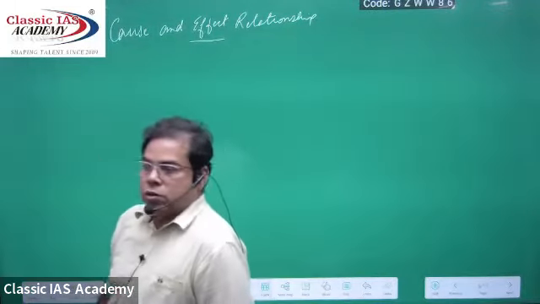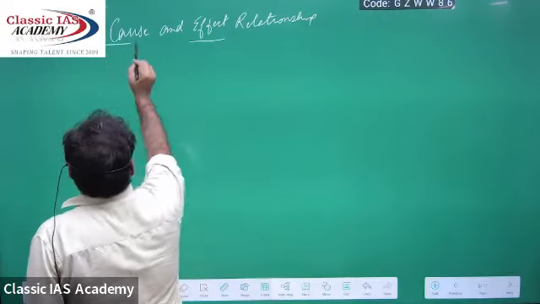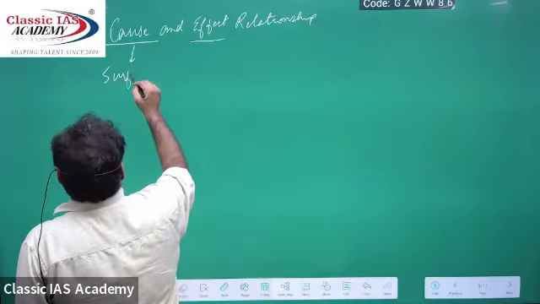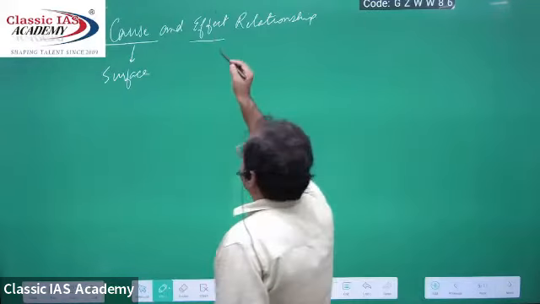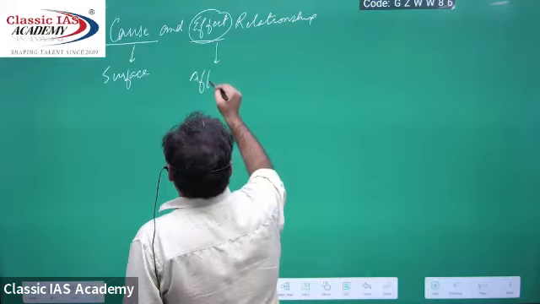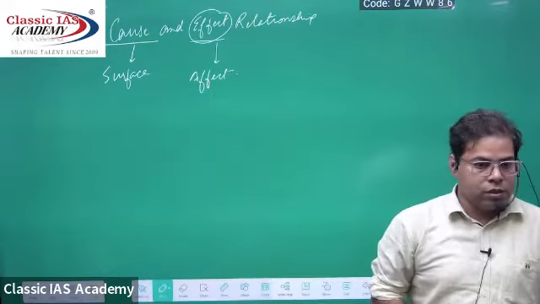So cause and effect relationship means something is happening there on the surface. Some changes are happening there on the surface, and also this will affect the area or a space.